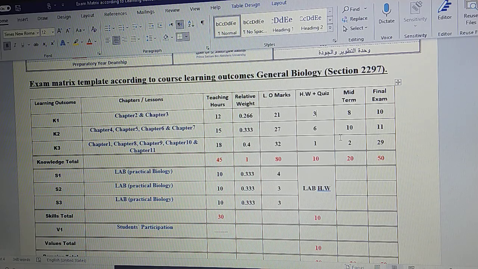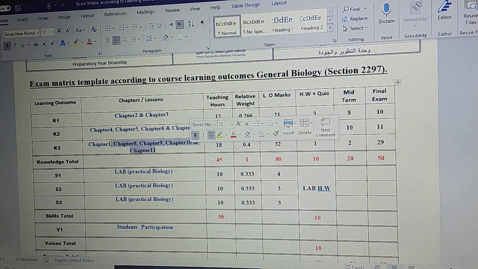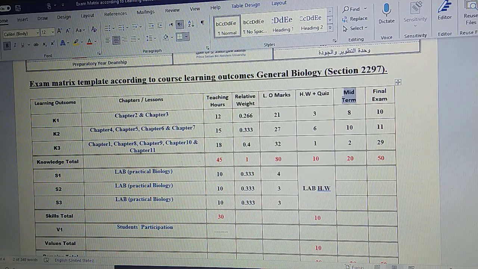This is not the only standard. There is another standard that the distribution of the learning outcome marks depends on. What is this standard? It is the time plan or timetable of your teaching plan. If you are going to teach, for example, chapter 8, chapter 9, chapter 10, chapter 11 after the end of the midterm exam, these chapters will not be included in the midterm.